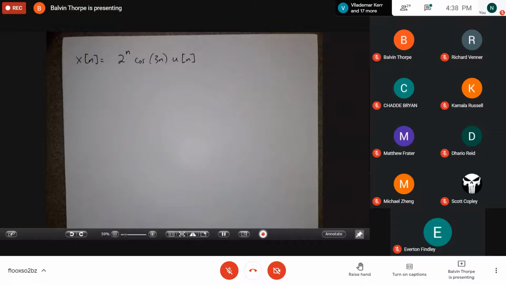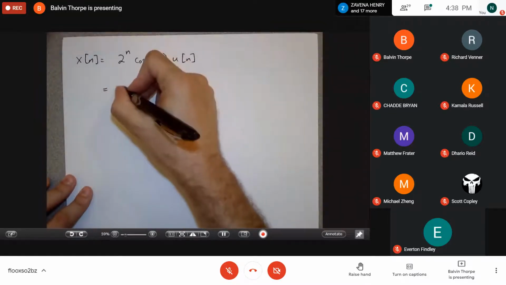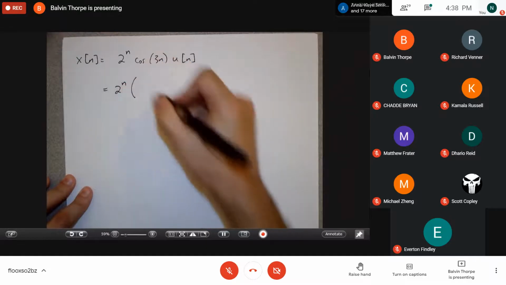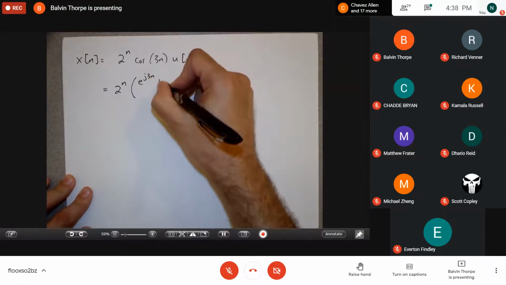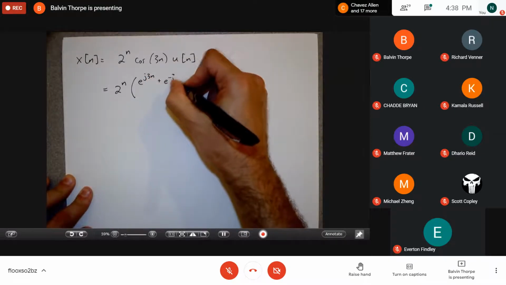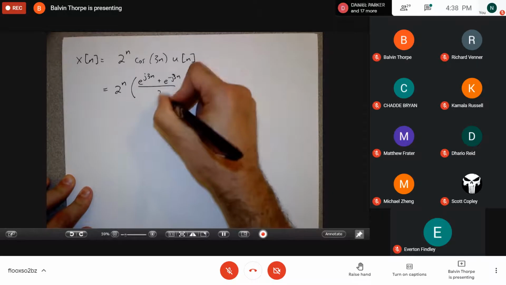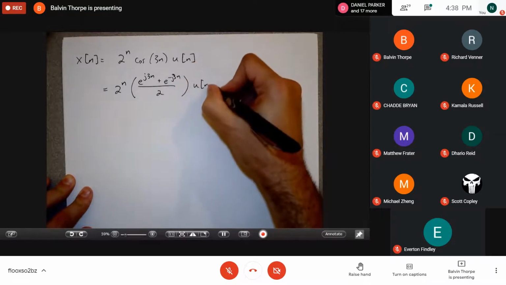Because a cosine is like the sum of 2 exponentials over 2. And so I can immediately say this is like 2 to the n times e to the j 3n plus e to the minus j 3n over 2 u of n.